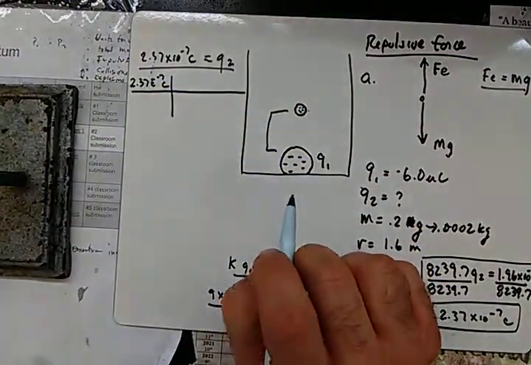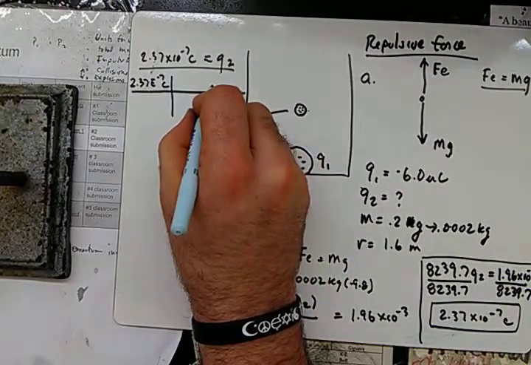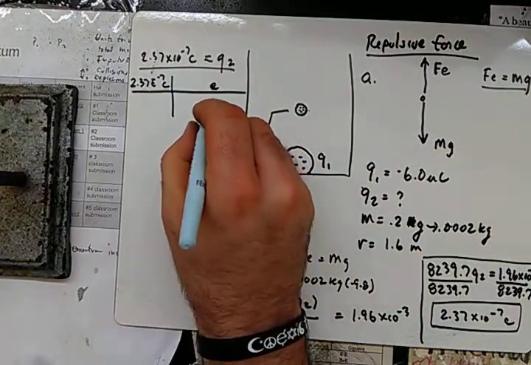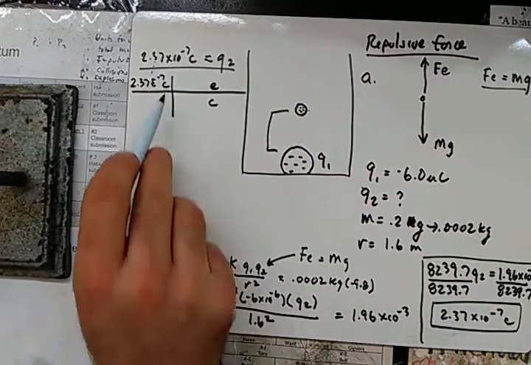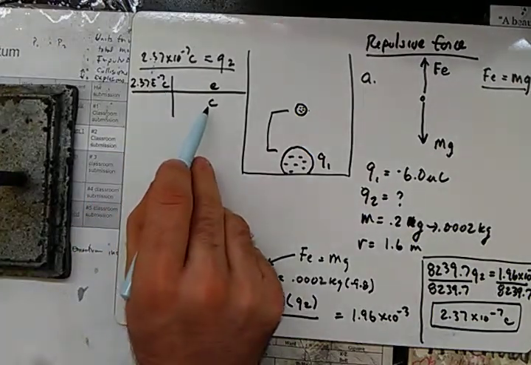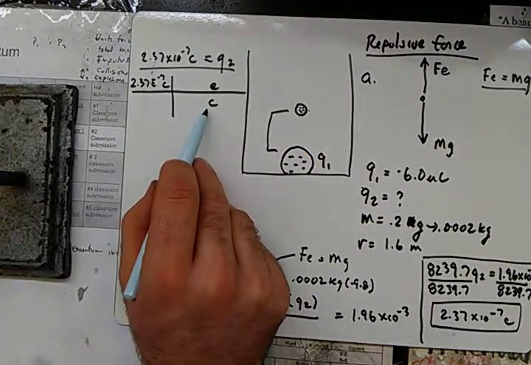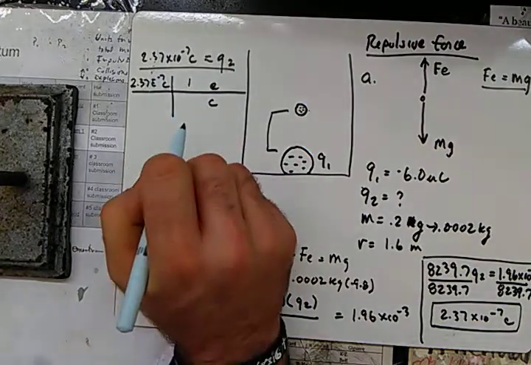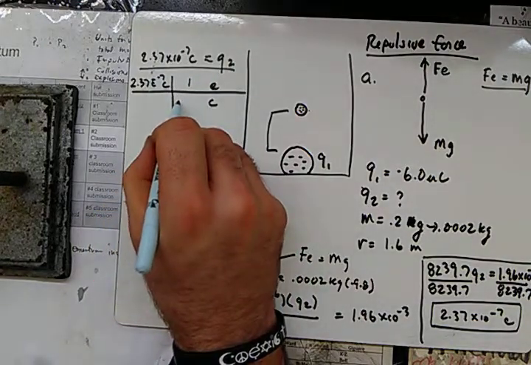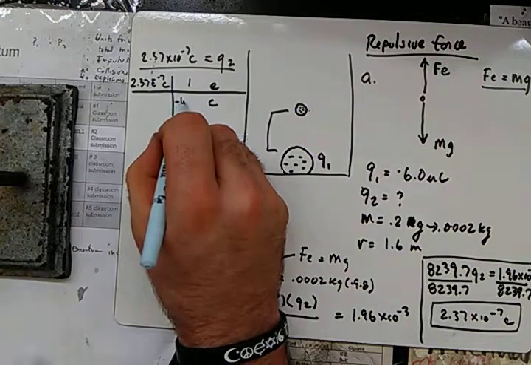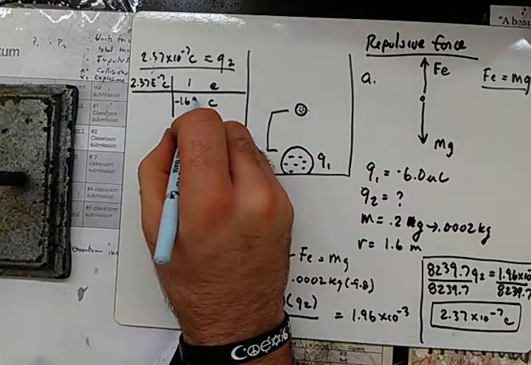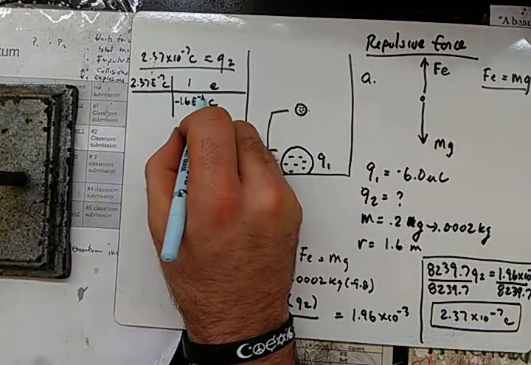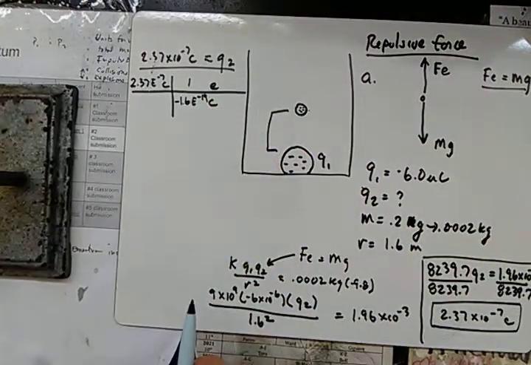Now I'm going to find out how many electrons are in there. So I'm going to have to divide out by coulombs. I know that one electron has a charge of negative 1.6 times 10 to the negative 19th coulombs.